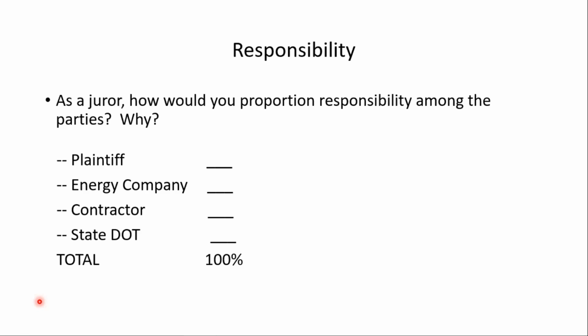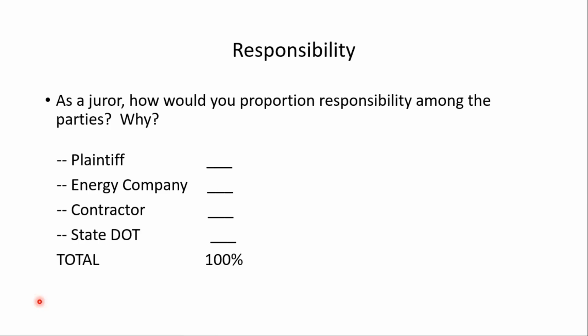I don't see the rest of it. 50-50. We've got someone that has 0, 45, 45, and 10. Plaintiff 25%, contractor 75%. 0 for the energy company. We've got someone that feels 5, 60, 20, and 15. So lots of different opinions.